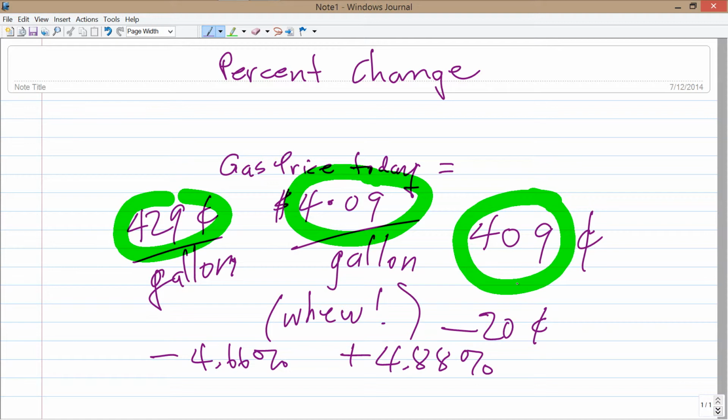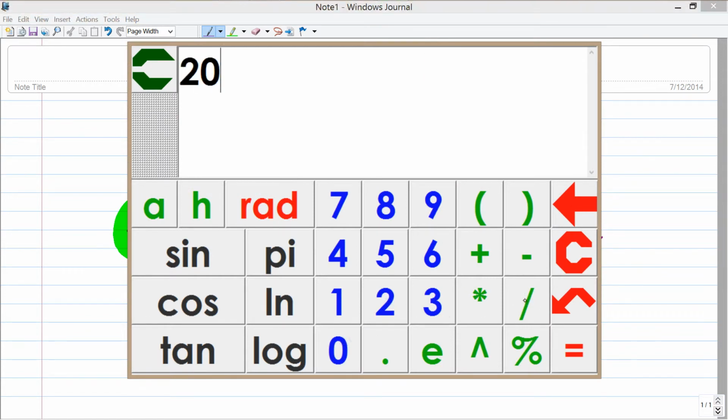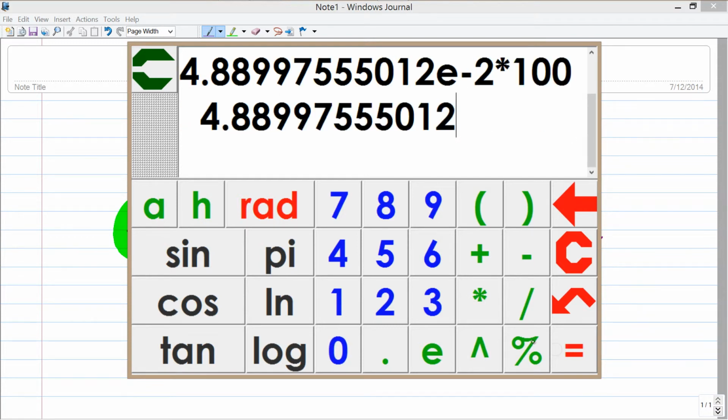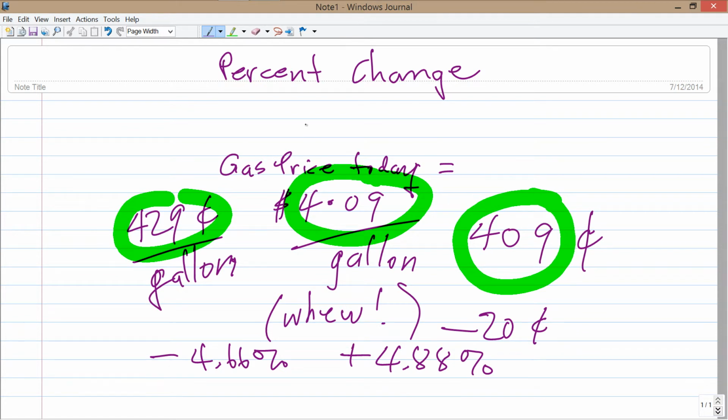Let's take 20 cents divided by 409, the starting value, times 100. 4.88. Well, actually, it's 4.89 if you want to round it off to three significant figures. So the change was plus 4.89.